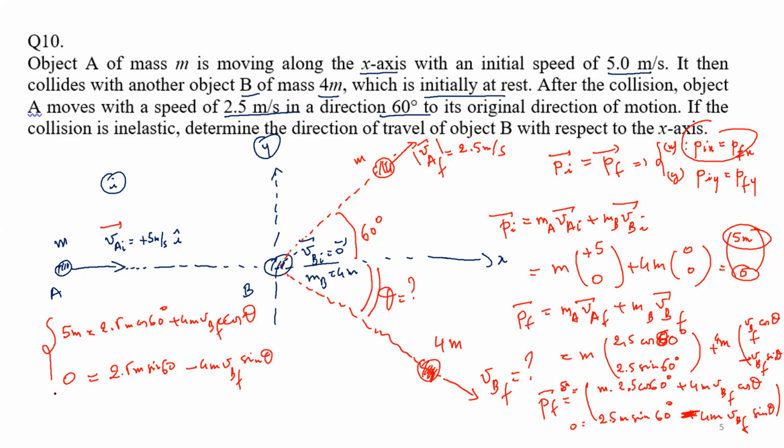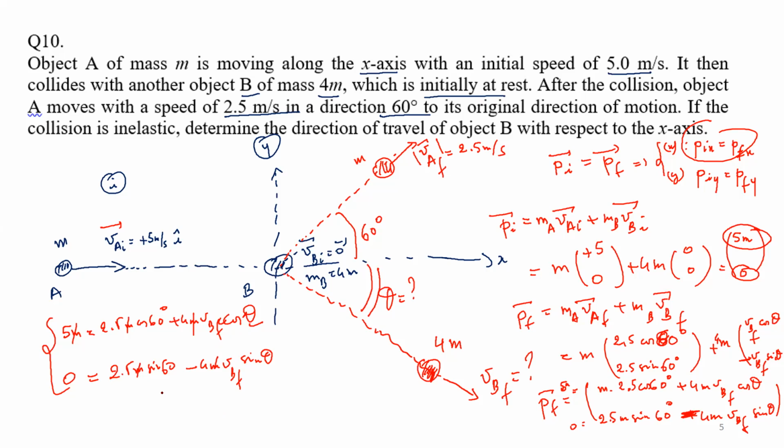And here I have my two equations, two unknowns. So I can get what is theta, and I can also get what is VB final. Of course the M will simplify everywhere. The first unknown is VB final, and the second unknown is theta.